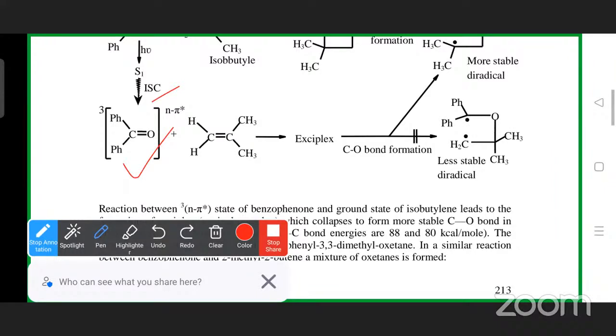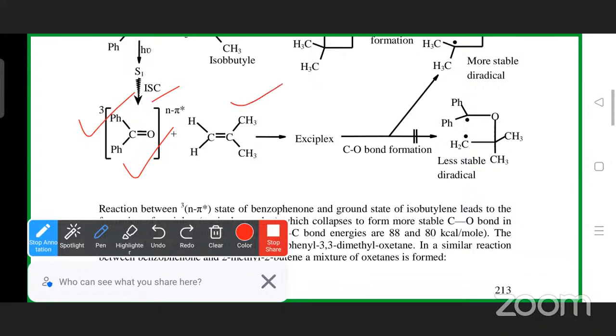Now the olefin, or alkene, is going to approach the excited carbonyl, the triplet carbonyl state. So both the carbonyl group, the benzophenone in the triplet state, and the olefin.